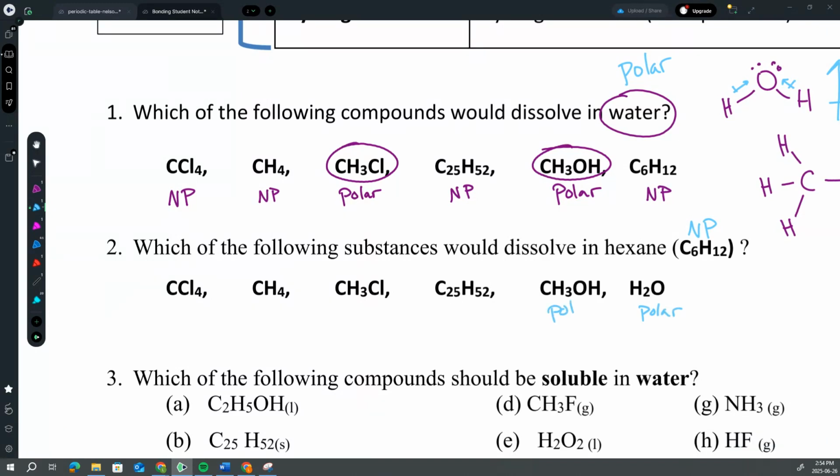We know methanol is polar, this is nonpolar, this is polar, nonpolar, nonpolar. So the substances that are going to dissolve in hexane, since hexane is nonpolar, will be nonpolar as well. Why? Because like dissolves like. So these substances are the ones that will dissolve in hexane.